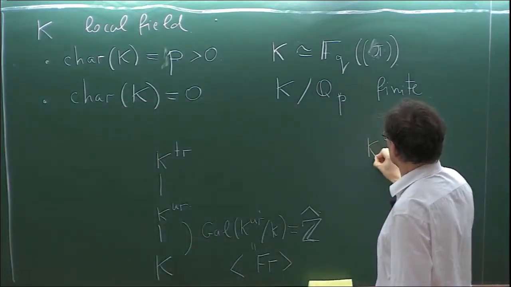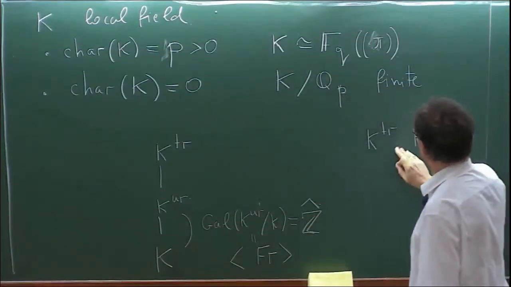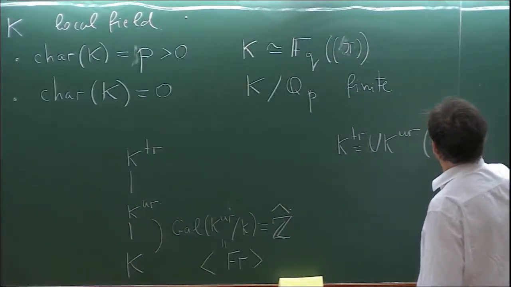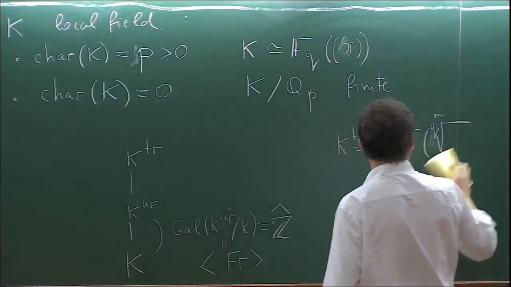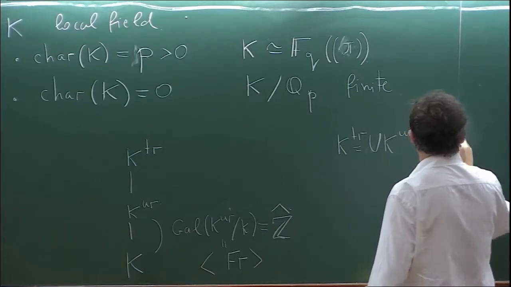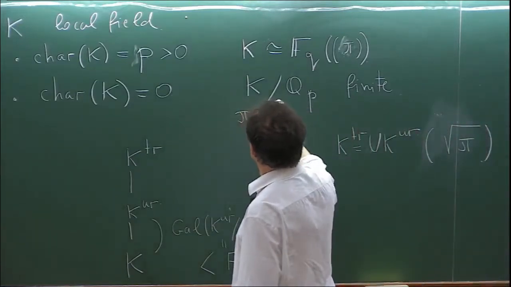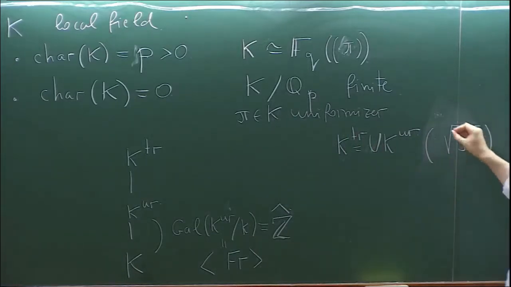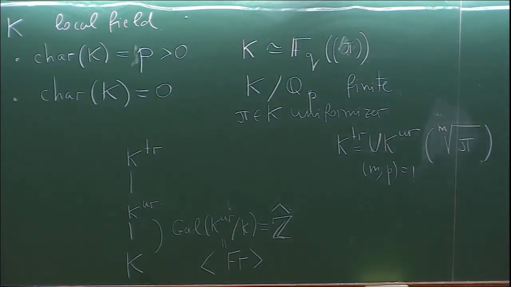The tamely ramified extension is generated over the maximal unramified extension by adjoining all roots, so let's fix a uniformizer pi of K in both cases, of order prime to p of the uniformizer.